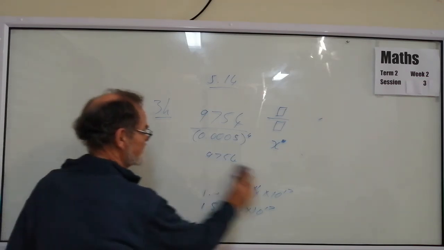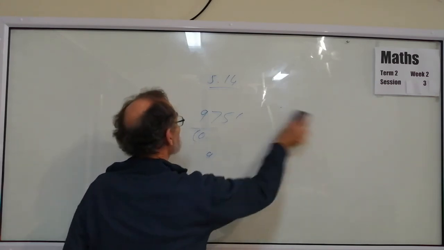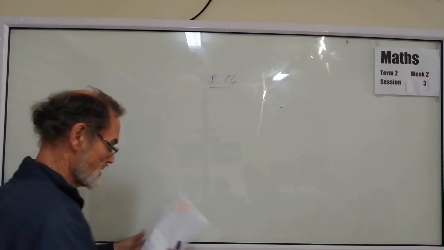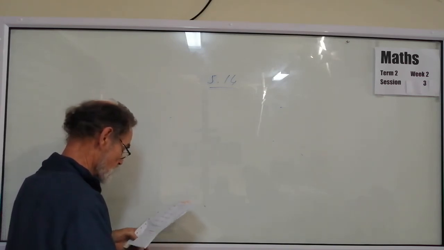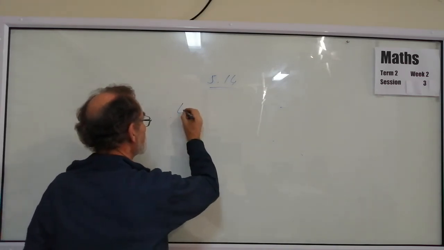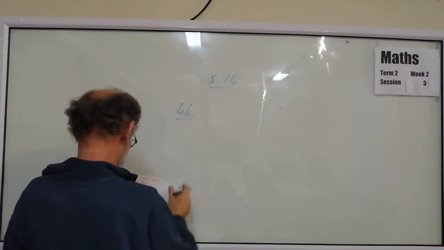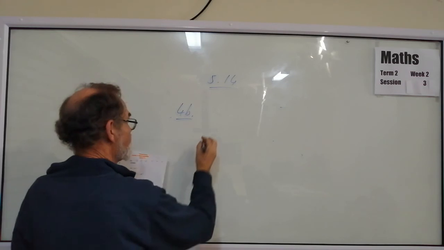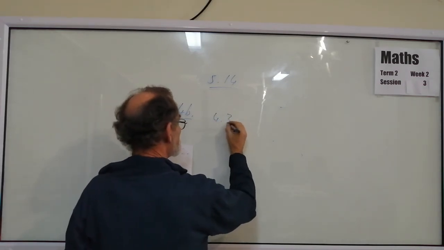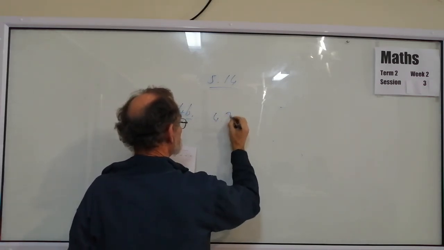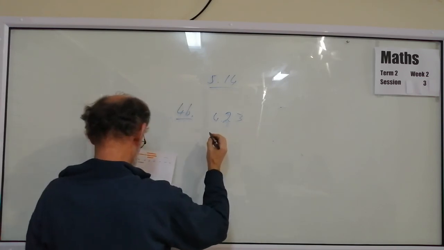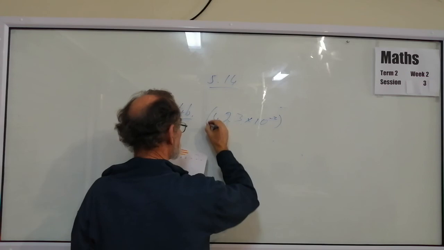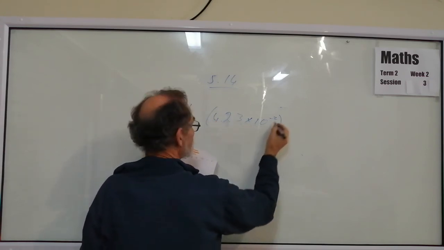We'll move on now to the last one, which is 4B. 4.2323 times 10 to the minus 2 brackets to the power of 3.